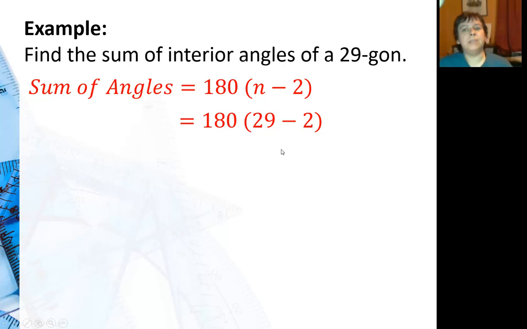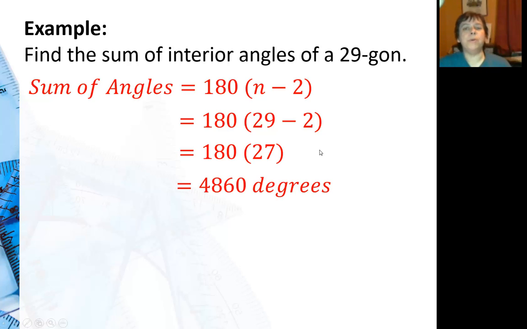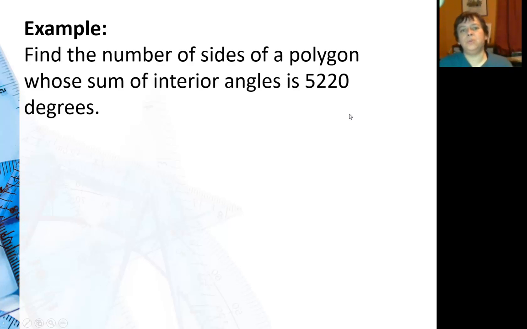So in this case, n is 29, and I substitute, and I get 180 times 27, or 4,860 degrees. So finding the sum of angles in a polygon is actually pretty simple. It's just using the formula. Taking 180 times n minus 2, or basically the number of triangles you can create in the polygon from one vertex.